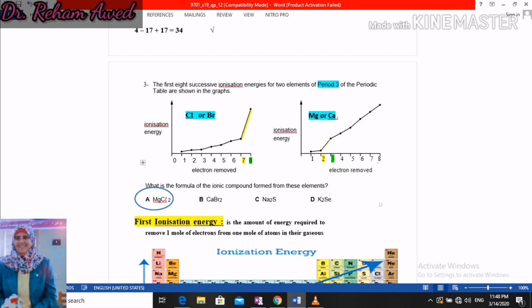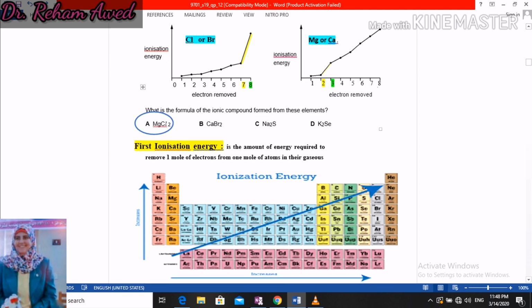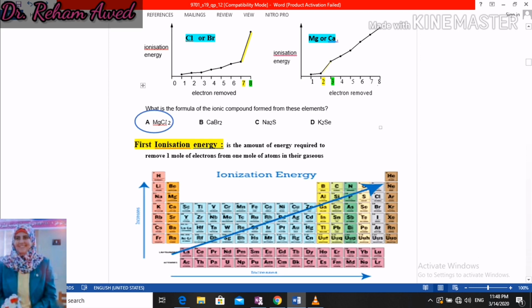At first, the first ionization energy is the amount of energy required to remove 1 mole of electrons from 1 mole of substance in the gaseous state. So, if we have a look at the periodic table, we will see that as we go up and right, the ionization energy will increase. So we expect to have the highest ionization energy in the upper right elements.